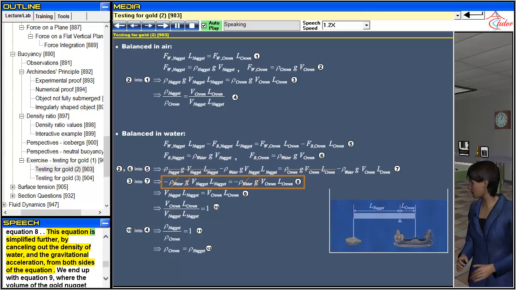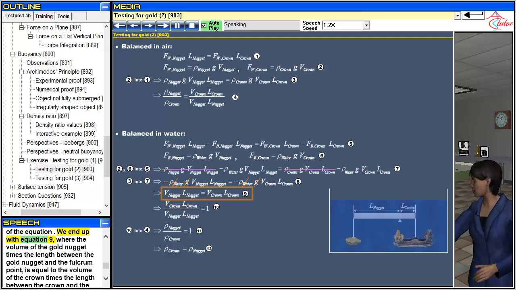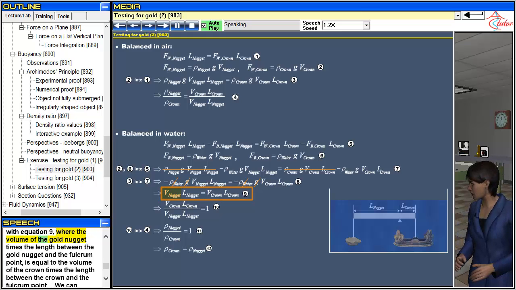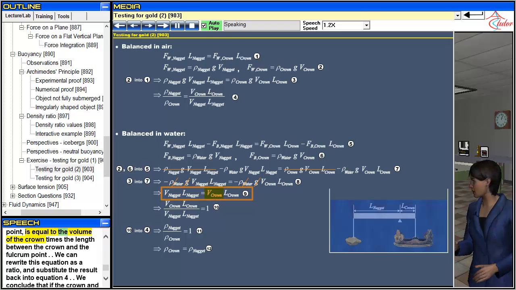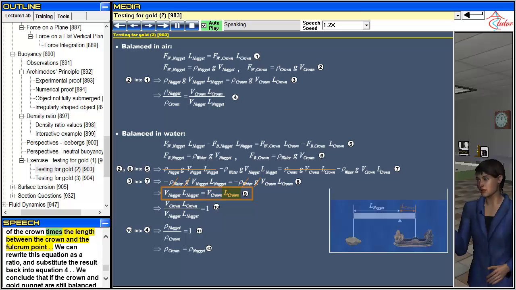This equation is simplified further, by cancelling out the density of water, and the gravitational acceleration, from both sides of the equation. We end up with equation 9, where the volume of the gold nugget times the length between the gold nugget and the fulcrum point is equal to the volume of the crown times the length between the crown and the fulcrum point.